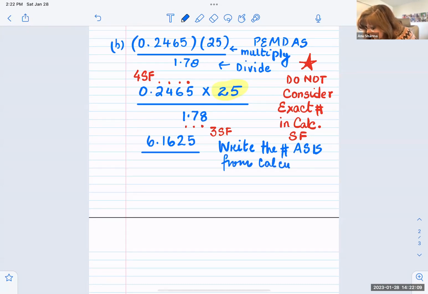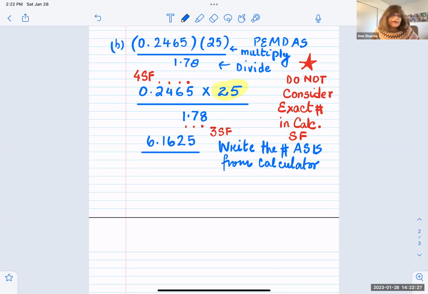Do not round up or round down, or do any rounding, because rounding brings in uncertainty. Rounding is just estimating, just beautifying the numbers.